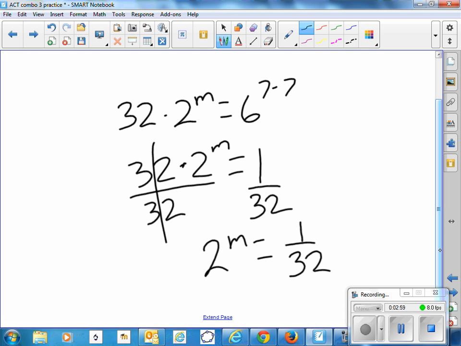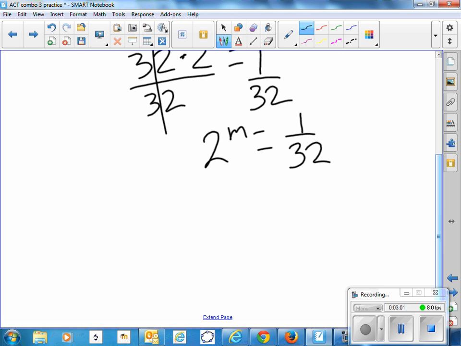Well, could I write 32 as a power of 2? 32, let's see, 8 is 2 cubed, so 16 is 2 to the 4th, so 32 would be 2 to the 5th. So I'm going to write this as 1 over 2 to the 5th.